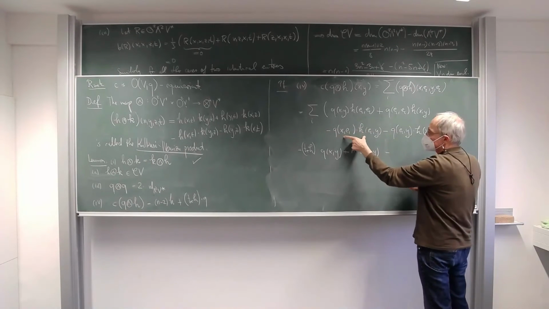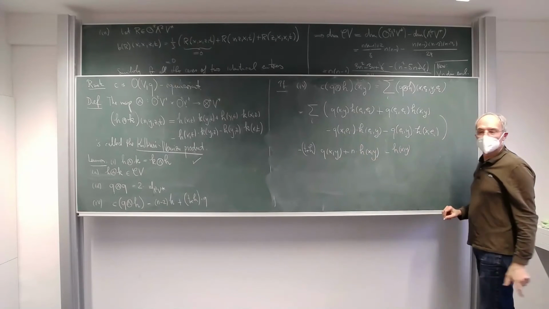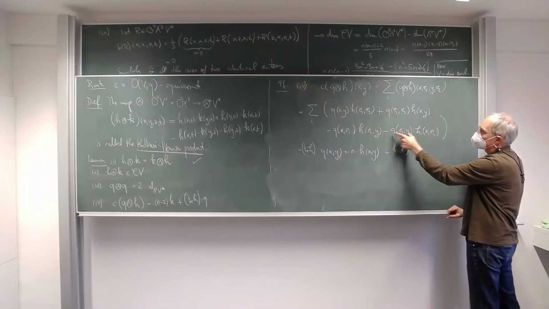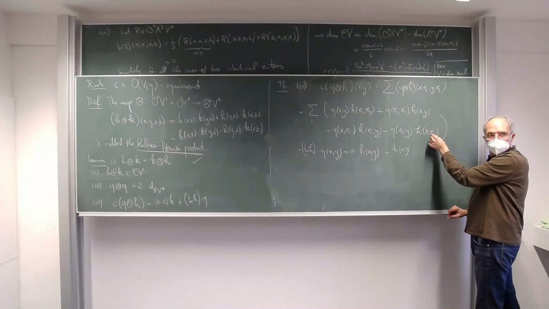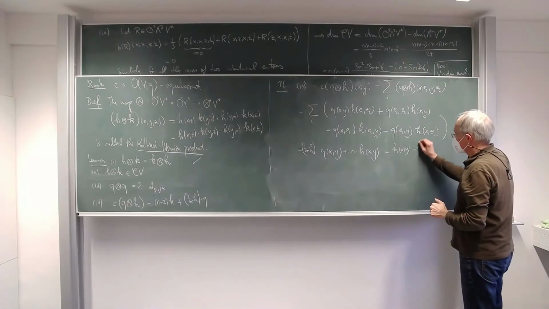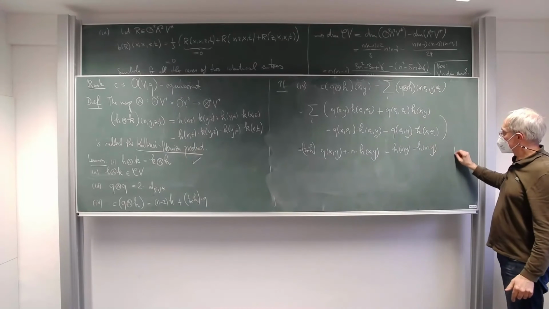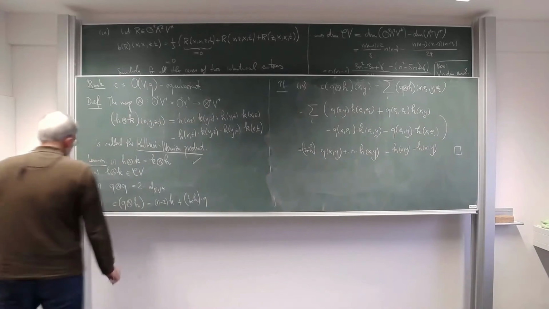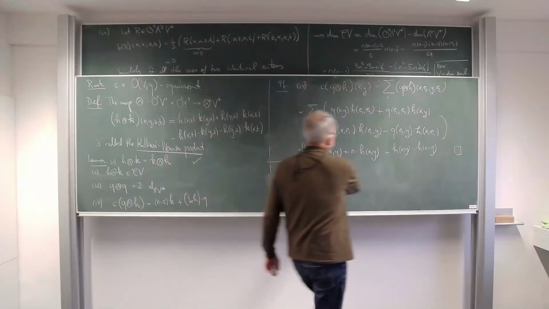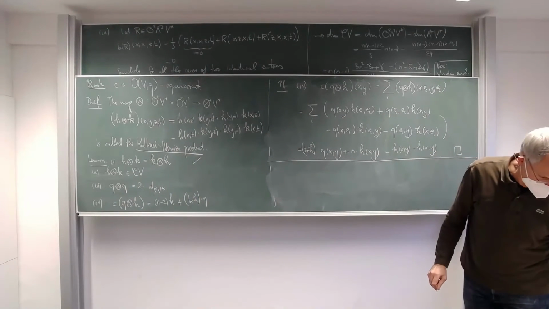So this term gives me h of x, y. And similarly, if I insert the q term into the h on the second slot, then the second slot is the expansion of the vector y in the orthonormal basis e_i. So this gives me another h of x, y. And that's the formula. Good. That's what we have here.